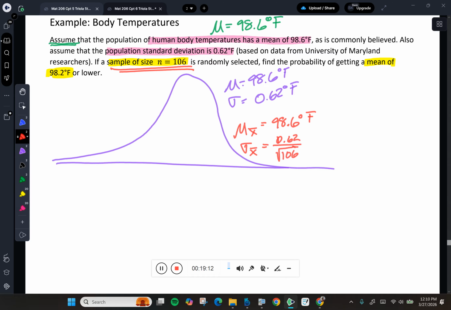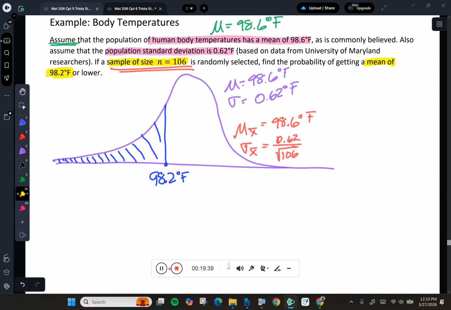And whatever that works out to be, don't really care. I'll put it in the calculator like that. Right? And then I'm supposed to figure out, well, if the middle's 98.6, what's the chance that 98.2 degrees Fahrenheit or lower, left tail, would show up?